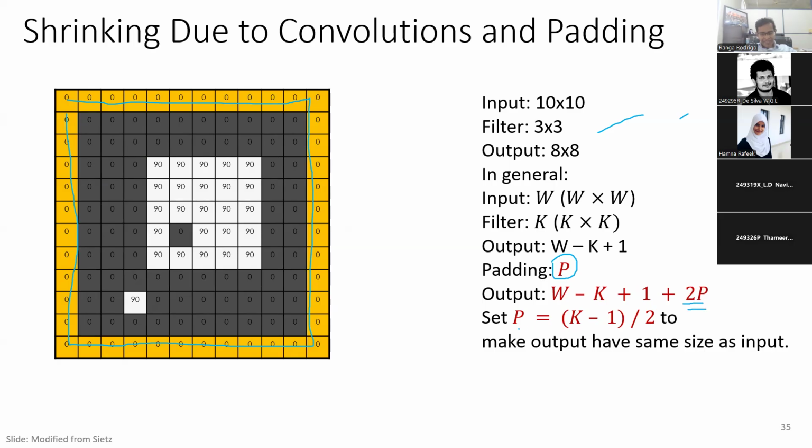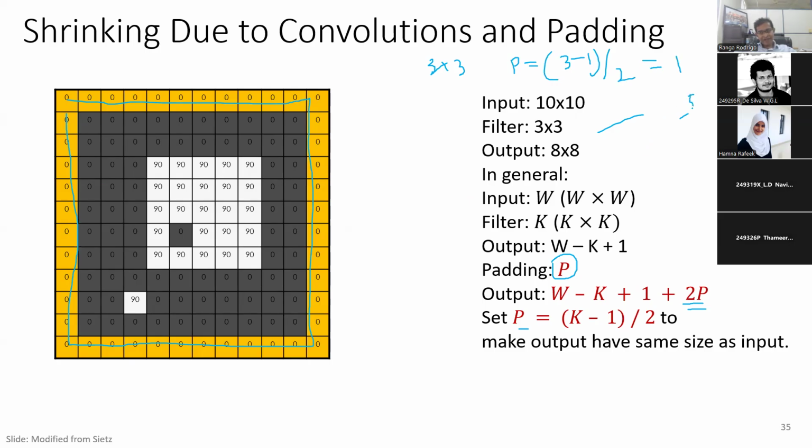You usually take the padding size P as K minus 1 divided by 2. So if it is a 3 by 3 filter, we take the padding as 3 minus 1 divided by 2, equals 1. So that is the padding size we should put.